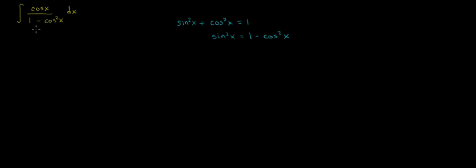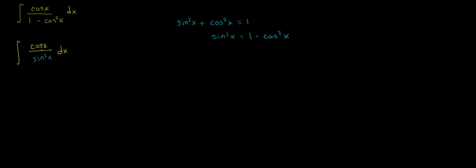And that's exactly what we have in our denominator. So what I can actually do is rewrite this integral as cosine of x over sine squared of x, and then we have this dx here.